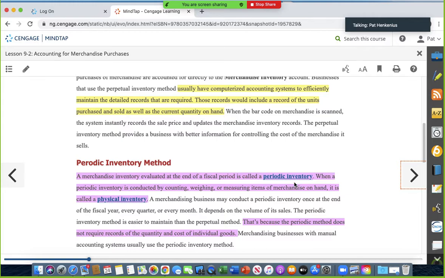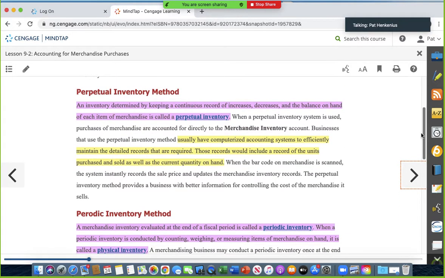So if you think of a small barber shop, for example, right? They might not have 700 supplies, but they might have 2 different types of shampoo and 2 different types of gel product. They might not have a ton of products, so they might not keep track of it in a perpetual way. They might keep track of it just by counting. Okay. And that would be called a physical inventory, where you count the merchandise by hand.